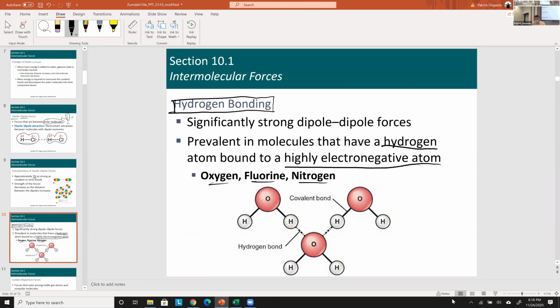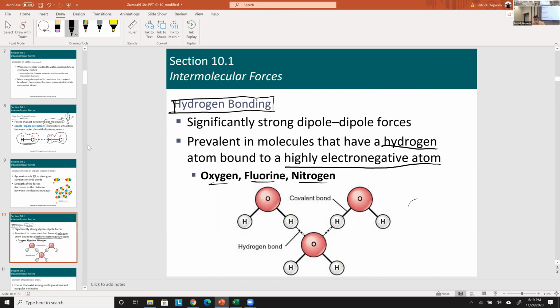So the way it would work is very similar to the normal dipole-dipole, but your dipoles are going to be super strong. Just like I mentioned with the HCl example, what if it was HF? That would be a lot stronger. So water is a perfect example of that. You have the partial negative charge on oxygen, the partial positive charge on hydrogen, and the hydrogen from one water will make this hydrogen bond, or the dipole-dipole bond, with a neighboring oxygen.